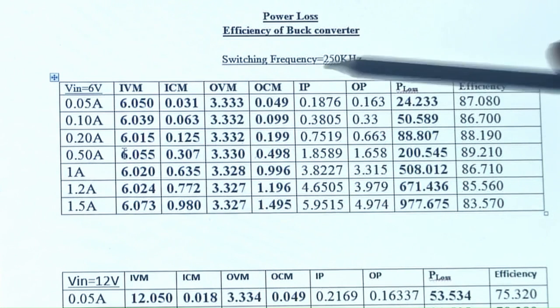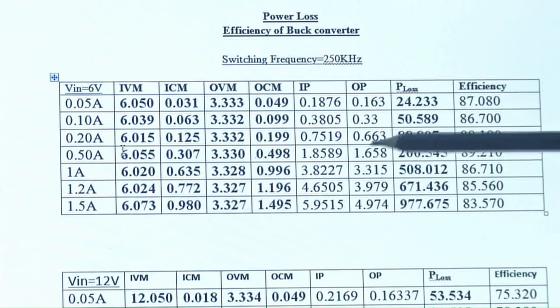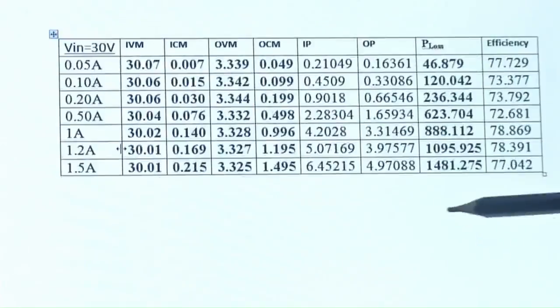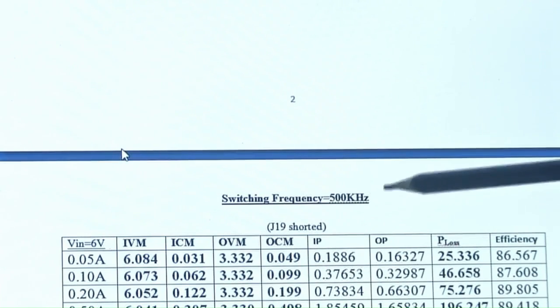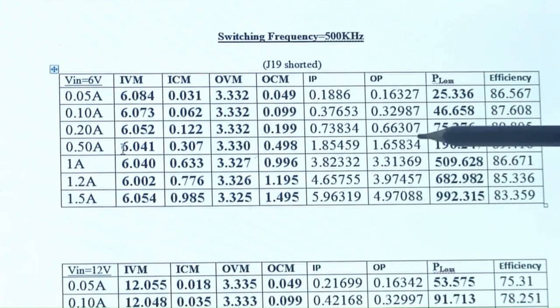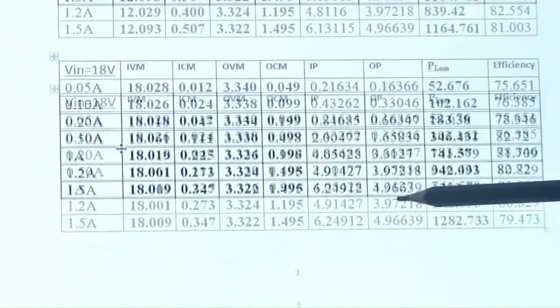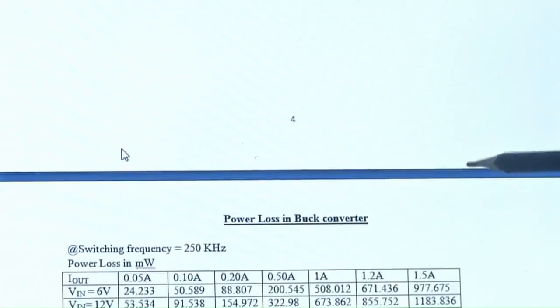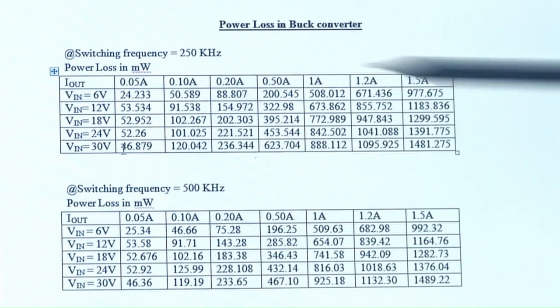As you can see, the load current was set to 50 milliamperes and then we did a sweep, and all these are essentially the tables. Switching frequency there was 250, this is 500 kilohertz, and then we generated all these tables, a whole range of measurements, and then this is the power loss.